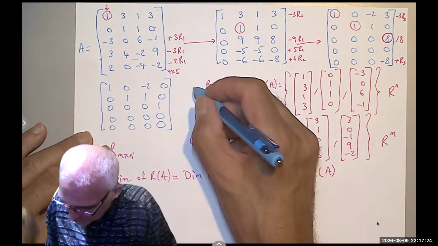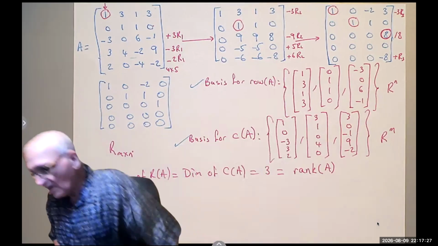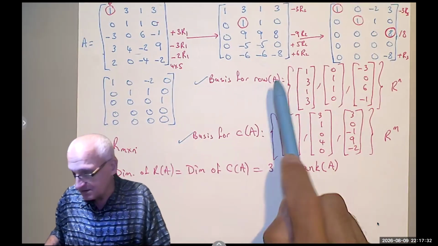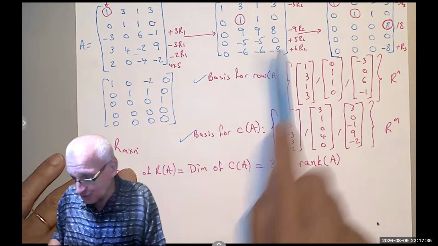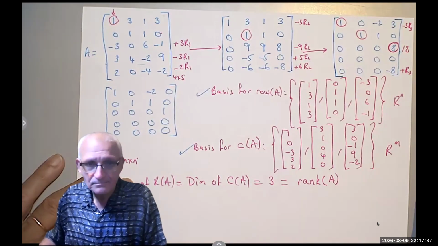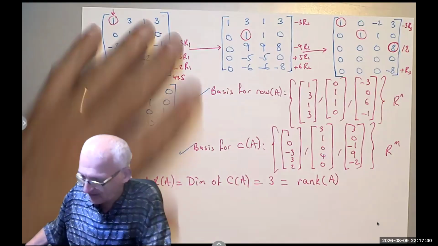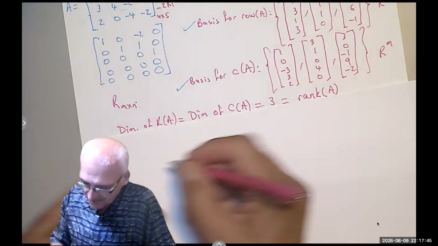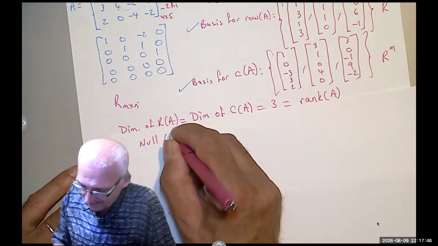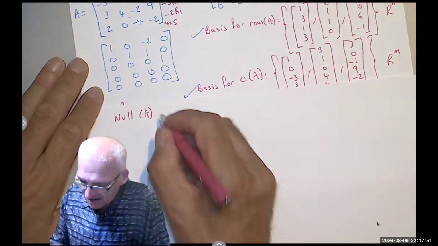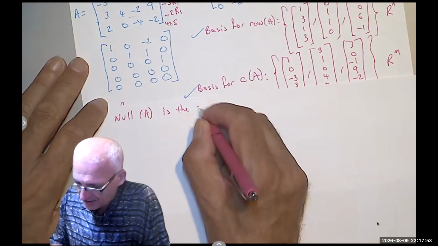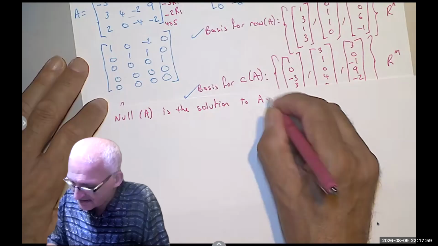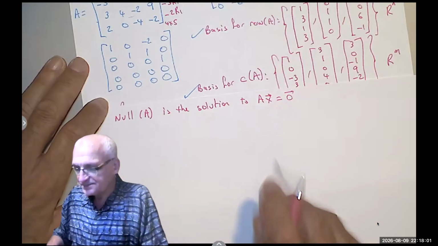So we found 2 subspaces of Rm and Rn, which are called the bases for the subspaces row of A and column of A. There is one last one we can find from this matrix. It's called the null of A. Null of A is the solution to AX equals 0.